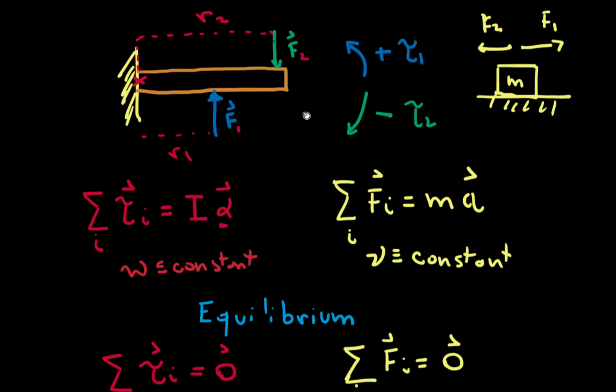But another point is that if this is an object that had some constant angular speed, these forces would then cause the object's angular speed to not change in this context. But that is very rare.